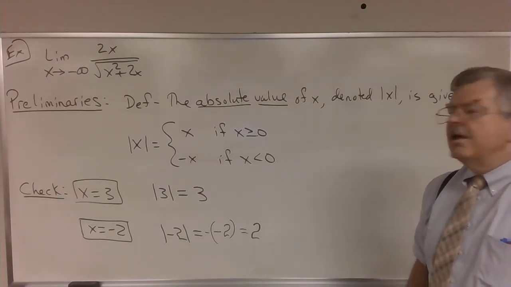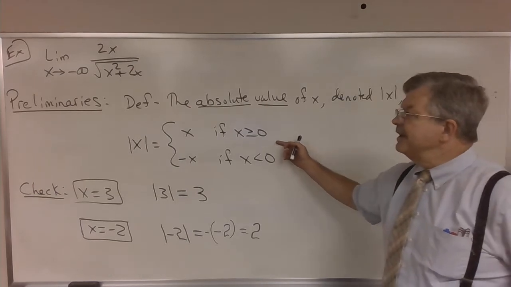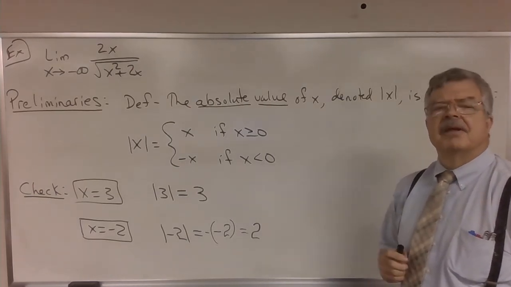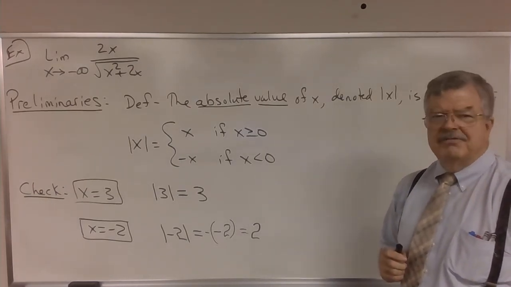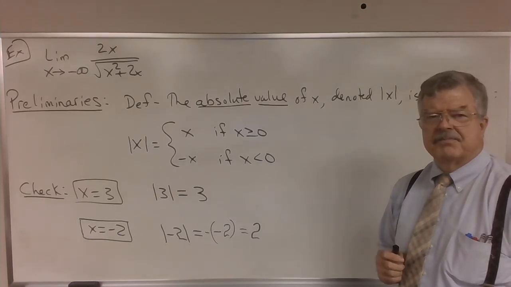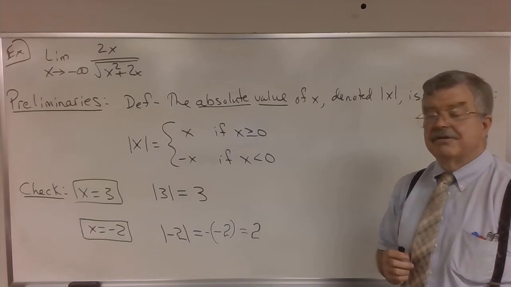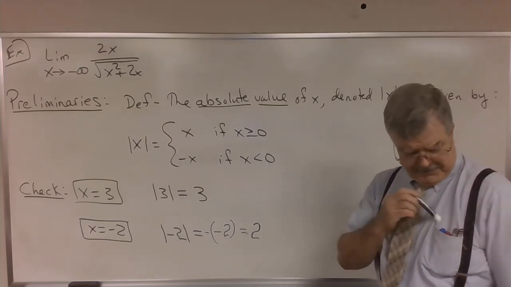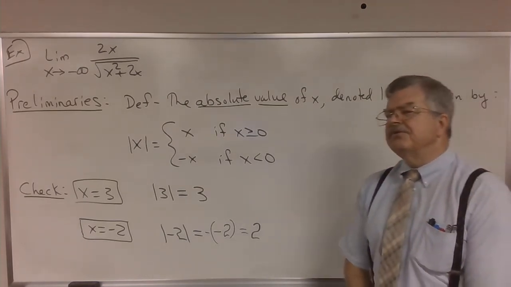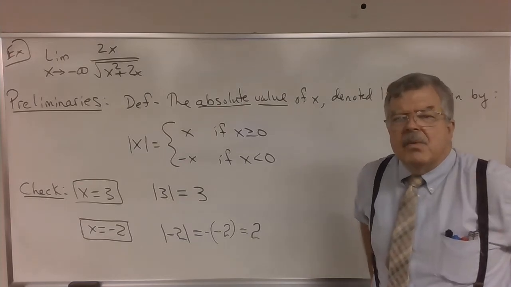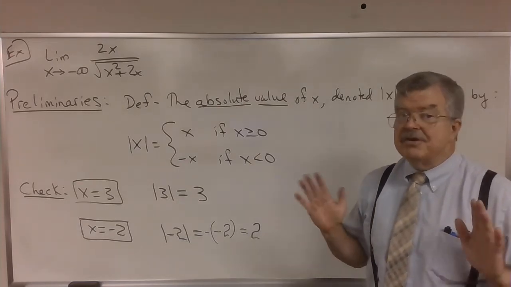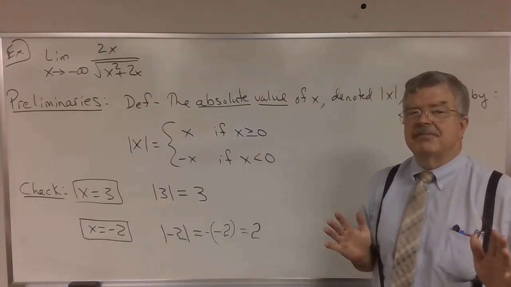Now, along with this definition of absolute value of x, I want to give you an alternate definition of absolute value of x. And this is one of those cases in math where we have, let's say, two different definitions of something.